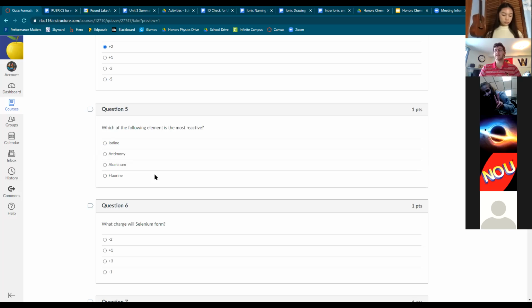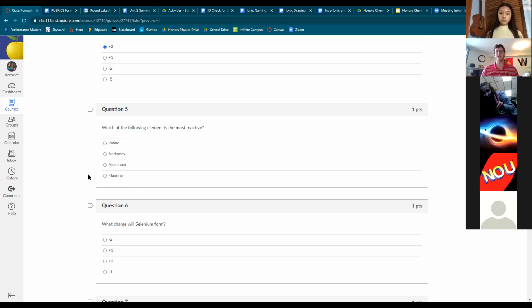Which of the following elements is going to be the most reactive here? We have iodine, which has 7 valence electrons, antimony, which has 5 valence electrons, aluminum, which has 3 valence electrons, and fluorine, which also has 7 valence electrons. So now it's going to be between iodine and fluorine because they both have 7 valence electrons. They're the closest to 8.